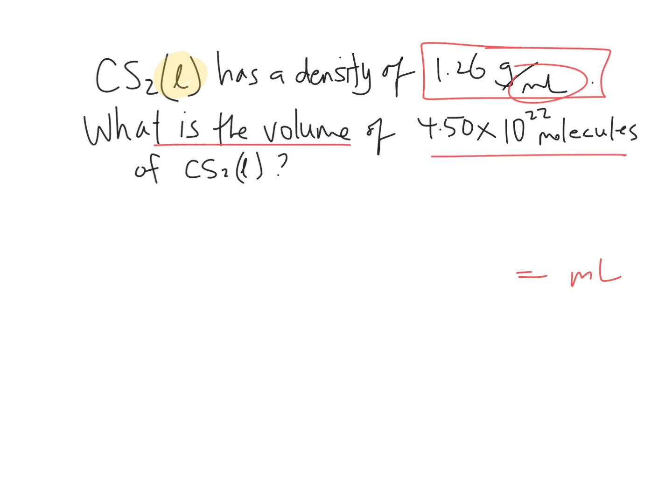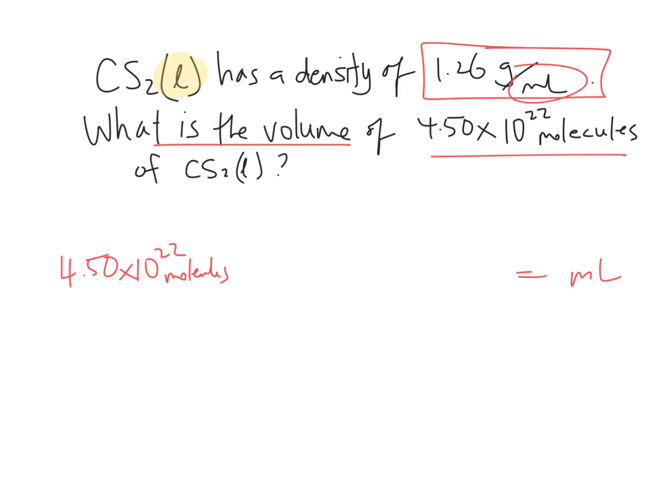So instead, let's start with this. We have 4.50 times 10 to the 22 molecules. Okay, so what can we do with that? Well, we know that we can go from the number of particles to moles.